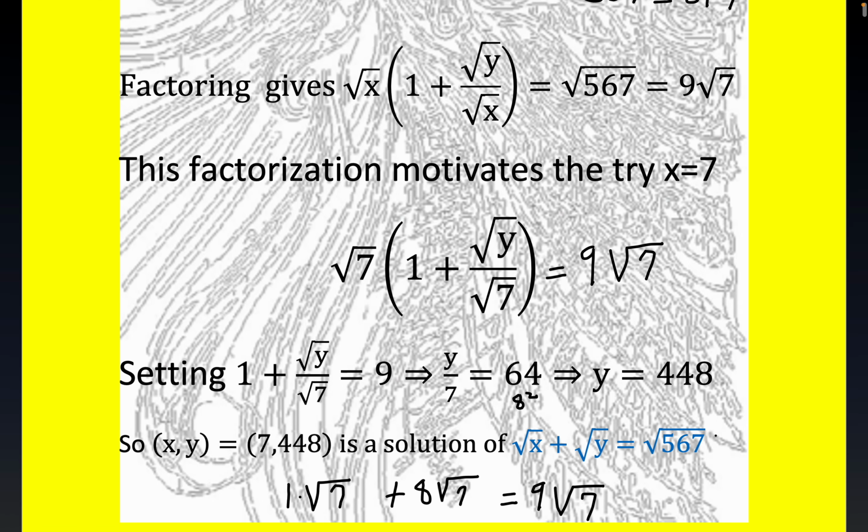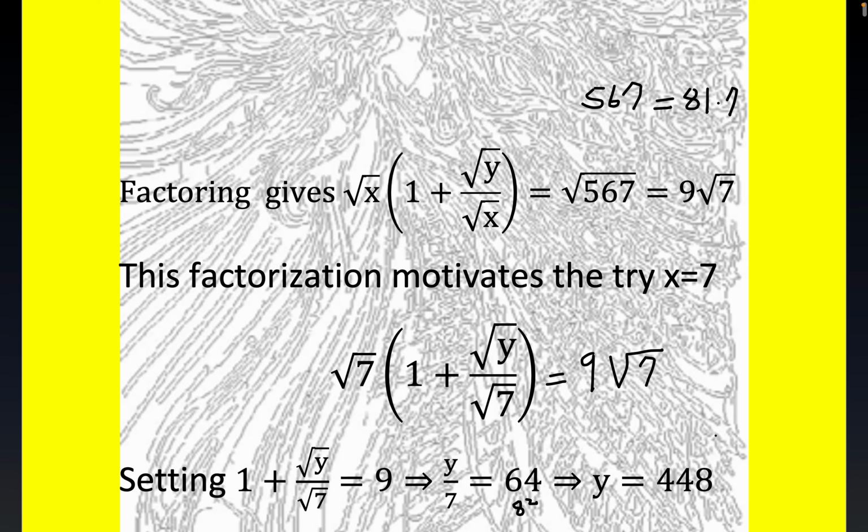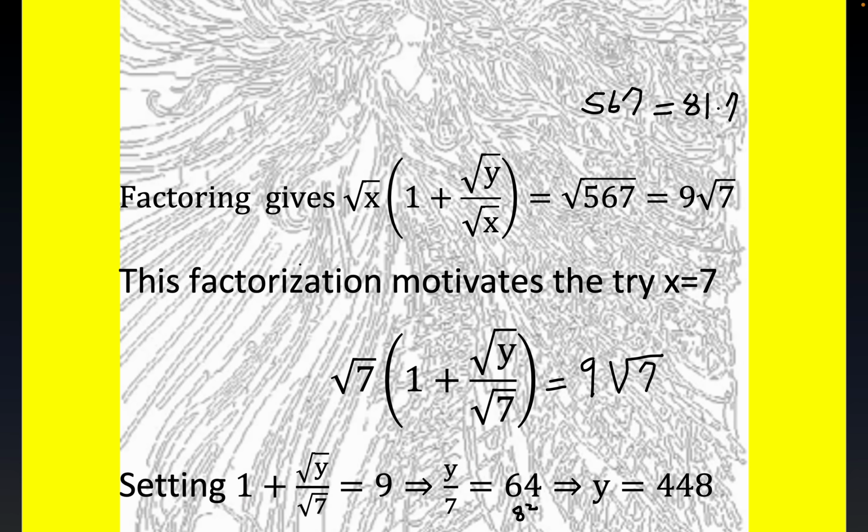Now, I do want to make one comment that I probably should have made at the very beginning, about this idea of symmetry. We could have just as easily factored root y out, and still have the 1 plus root x over root y. That creates this sort of symmetry.